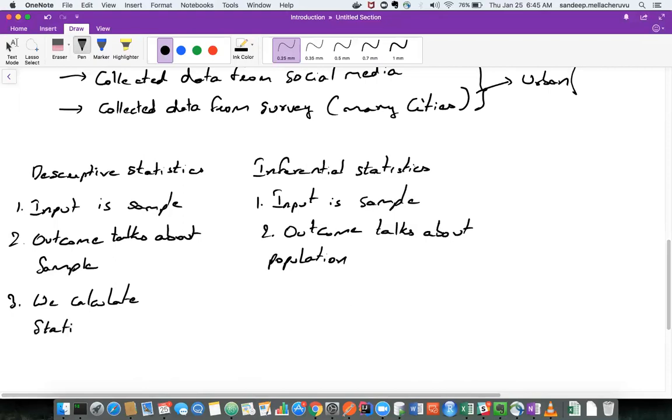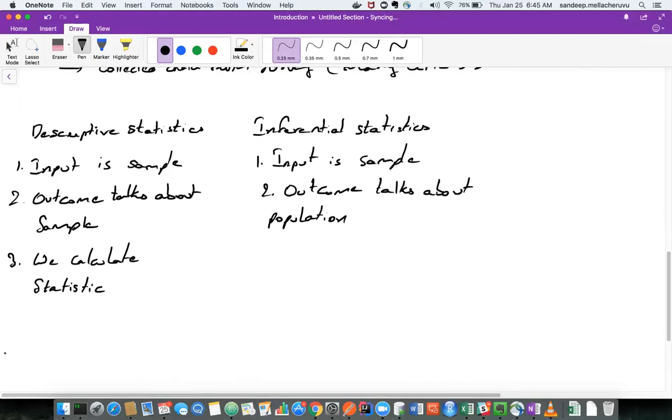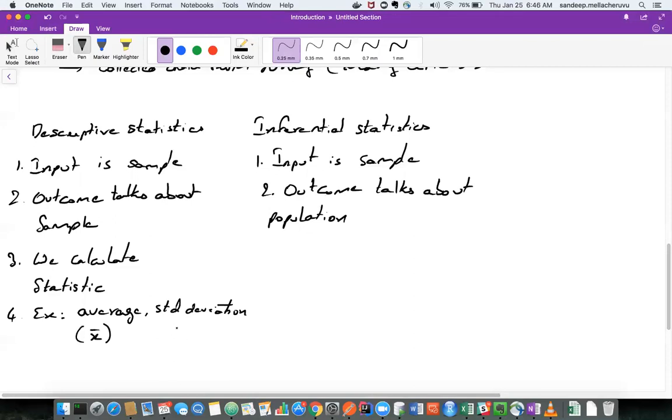Whatever we calculate in descriptive statistics is called a statistic. And the examples for this are average and standard deviation. These are the statistics. Each one is a statistic. Average is a statistic, standard deviation is a statistic. And average in descriptive statistics is represented by X bar, and standard deviation in descriptive statistics, we call it S.